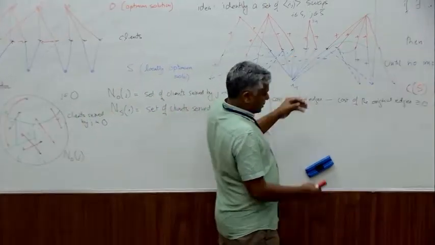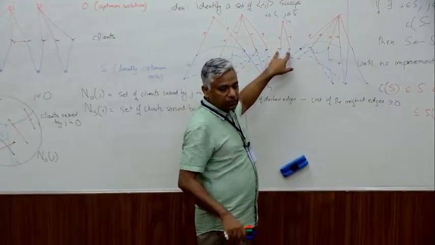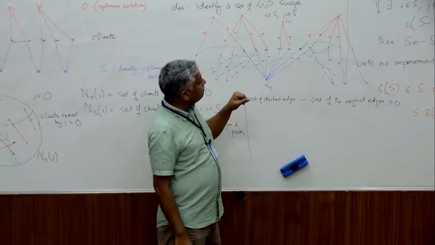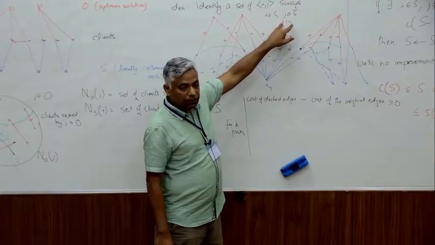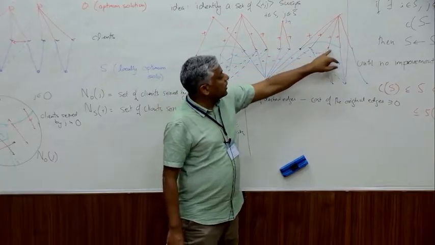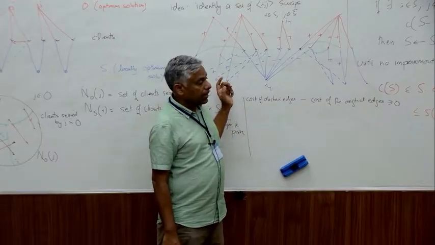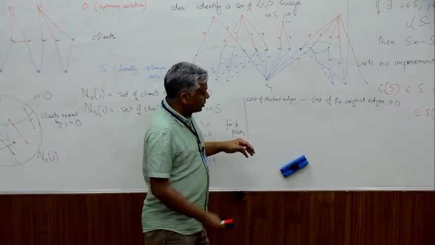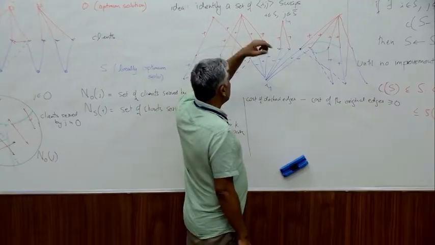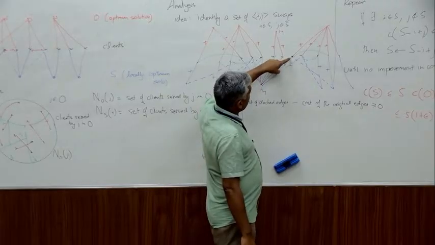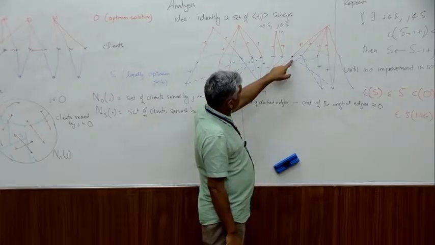For a minute, forget about these two clients, which are in some sense special, because they are going to the facility that got opened. Each of the other clients is actually going to one of the blue facilities only. For those, we have argued that this is the distance in the new solution, and this is the distance in the old solution.